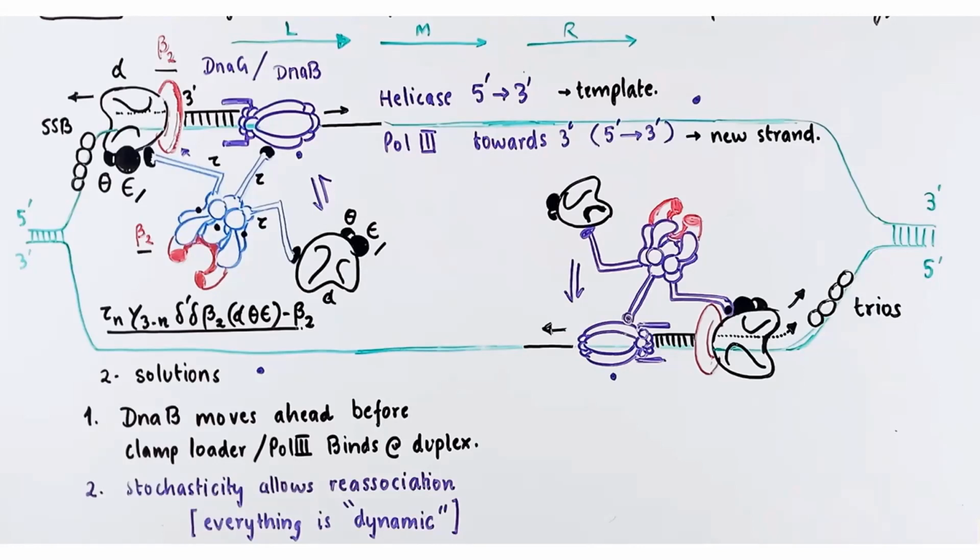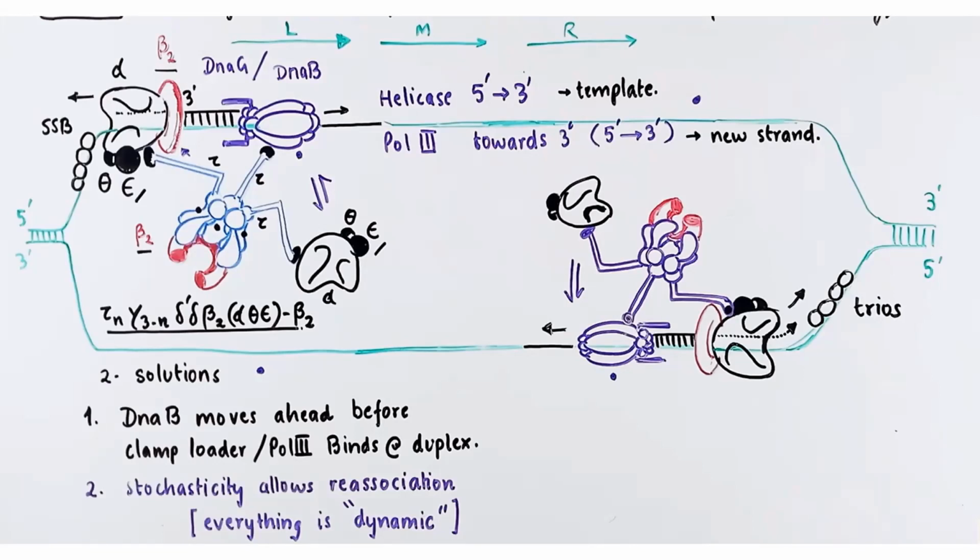So the clamp loader also functions to position the polymerase at the beta-2 clamp, and it remains intact with the polymerase, and it can also remain in contact with the moving helicase.